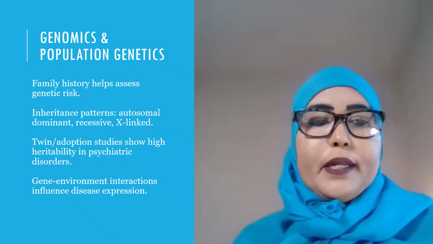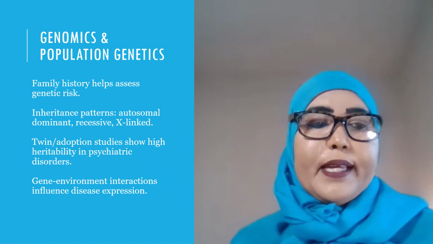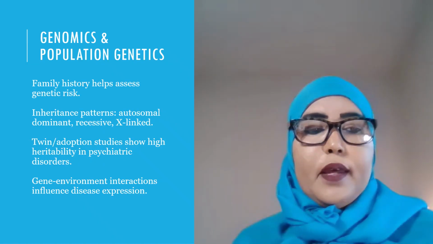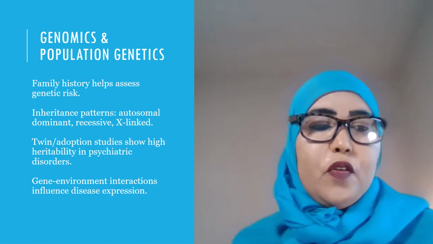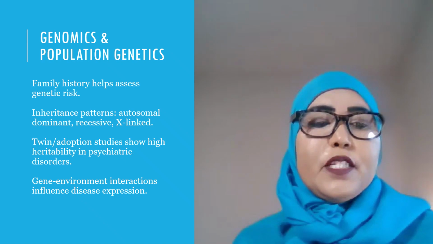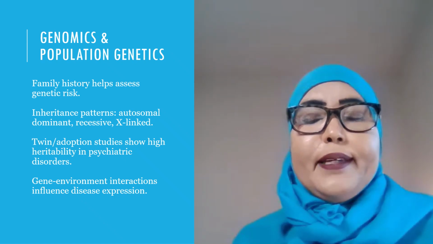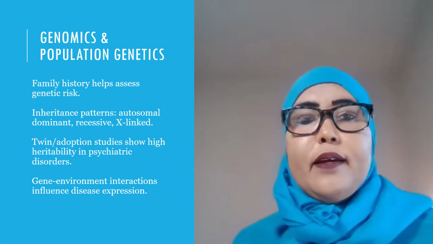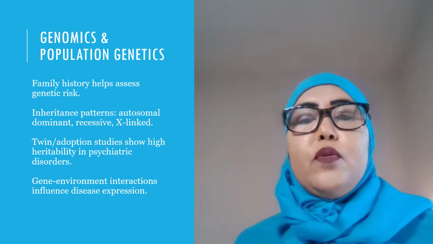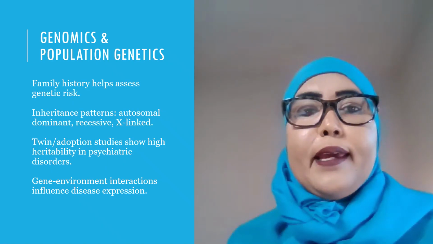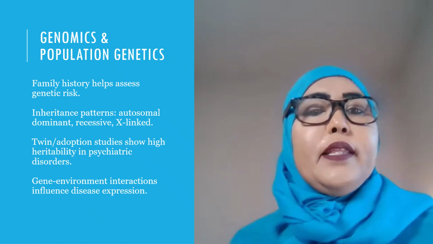Twin and adoption studies show high inheritance in psychiatric disorders, and gene-environment interaction influences the disease experience. So all this can affect psychiatric disorder development. Environment can affect you. There are some psychiatric diseases that are inherited or run in the family.